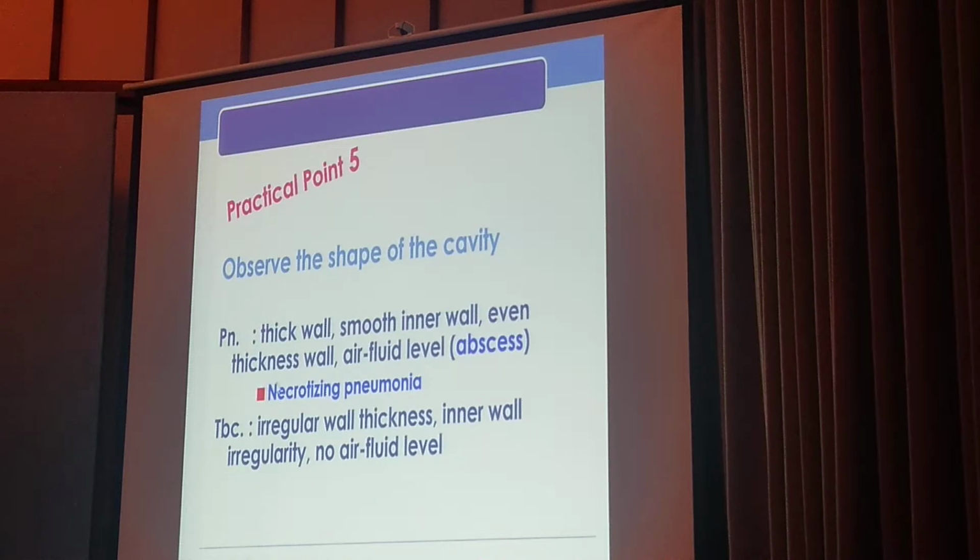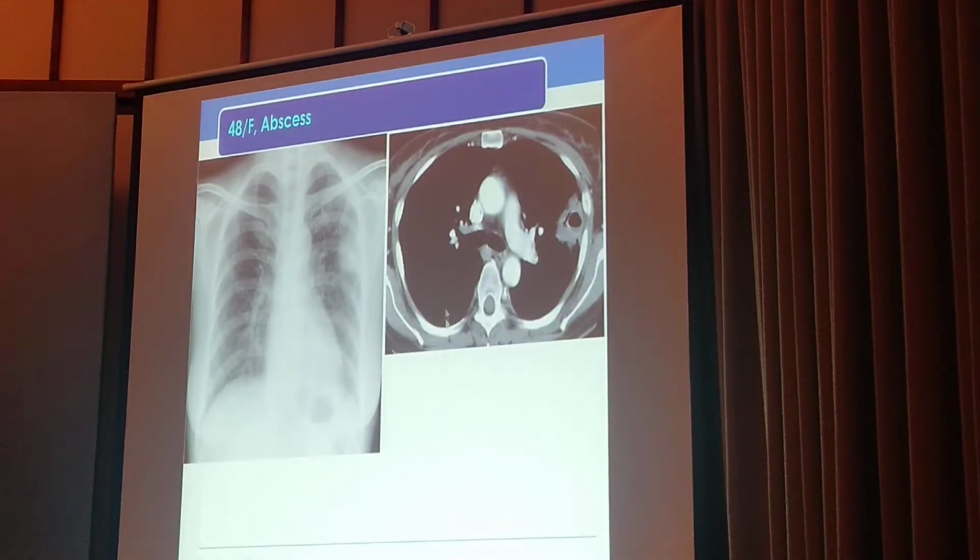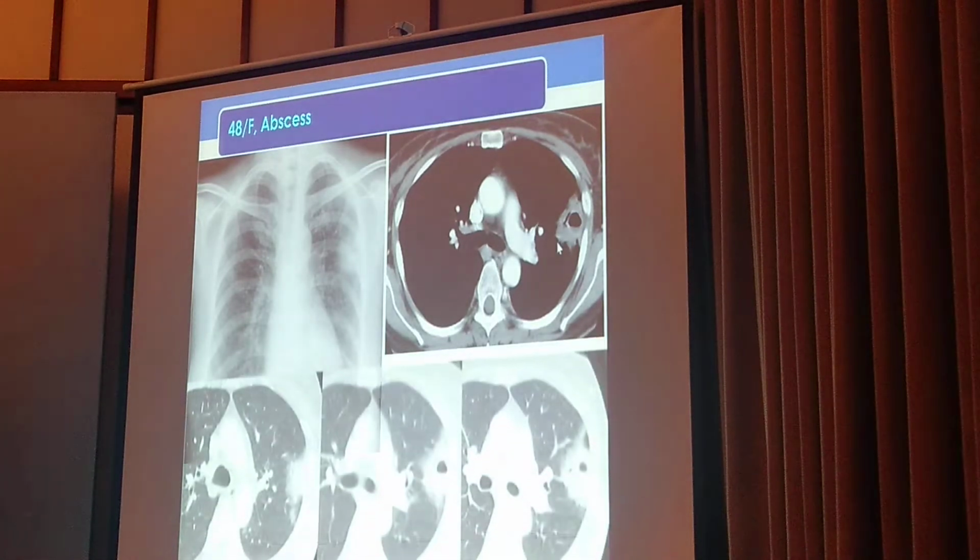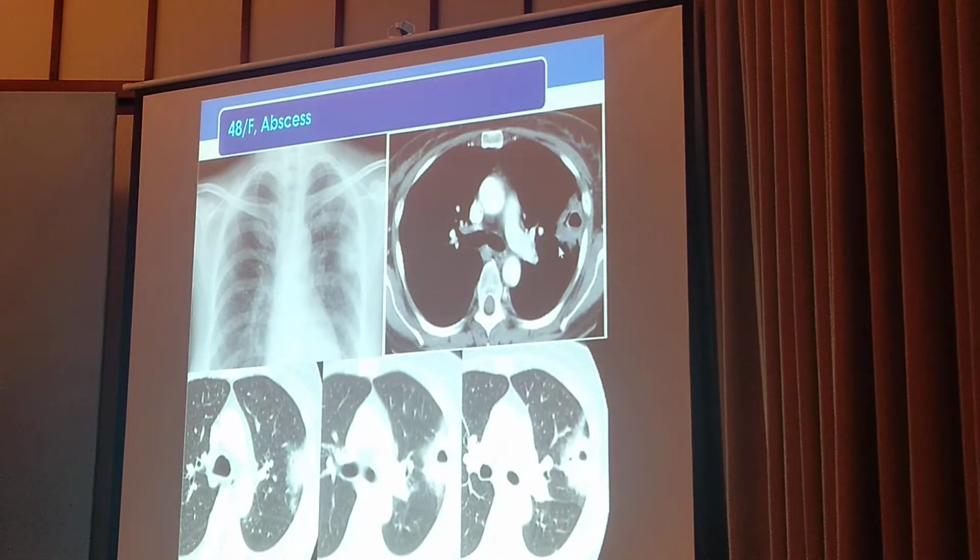But in the case of necrotizing pneumonia, I can show another case. This is a left upper lobe consolidation. CT shows consolidation with a central air cavity. The air cavity wall is very smooth, the inner wall is very smooth, and there is an air fluid level surrounded by ground glass opacity.